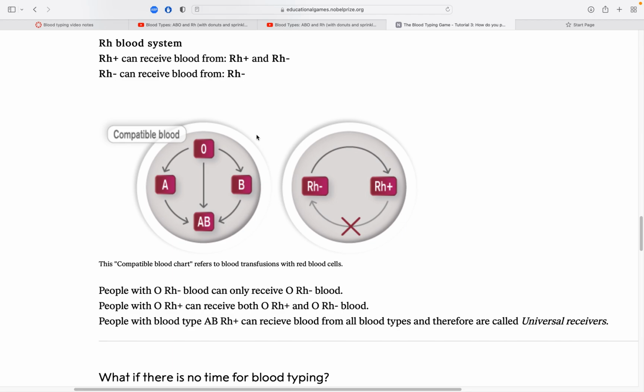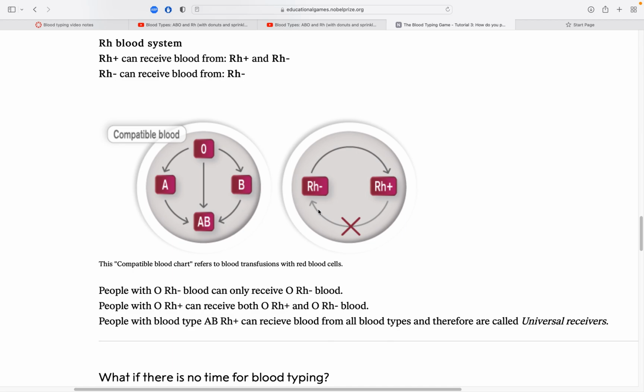Then you also have to work out compatibility. So make sure in your worksheet that you're filling in minus on the left and plus on the right. So if you are Rh negative, can you receive blood from an Rh positive person? No, the arrow says you cannot. If you are an Rh positive, you can receive blood from another Rh positive person or a minus person.